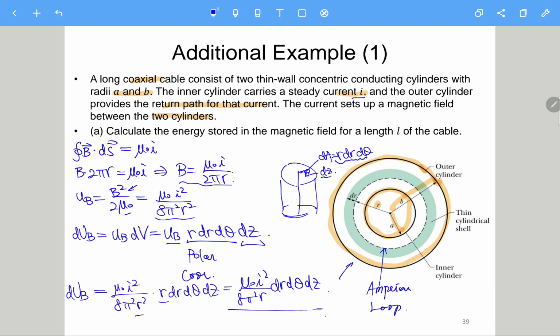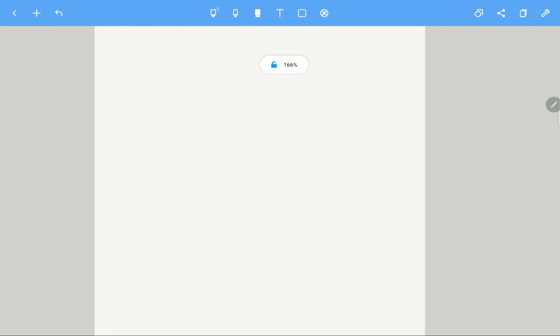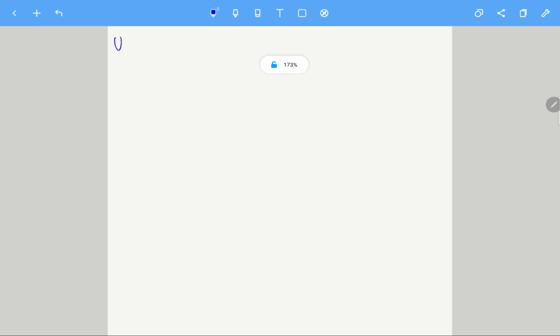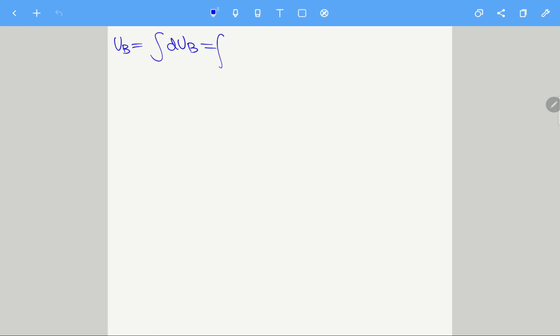So next, we want to calculate the total energy stored in this structure. So the total energy U_B will be the integration of dU_B, and we can just plug in this expression here. So we have the triple integration of mu naught I squared over 8 pi squared r dr d theta dz.